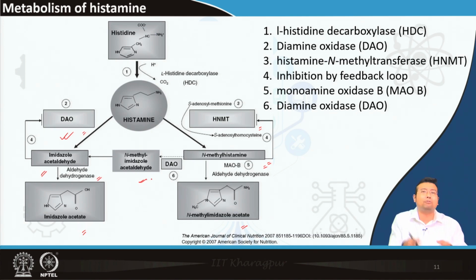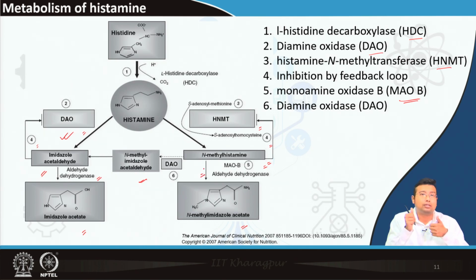So, these are the final forms into which histamine is converted when the action of histamine is over. So, these are the enzymes: histidine decarboxylase, diamine oxidase, methyl transferase. The fourth is the feedback loop that is being shown.